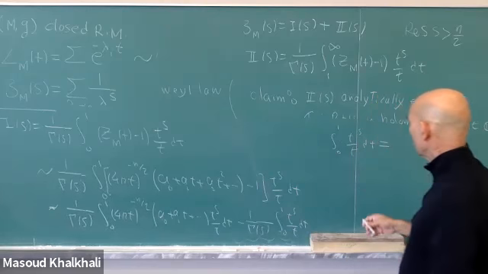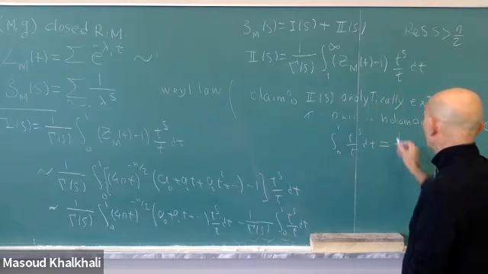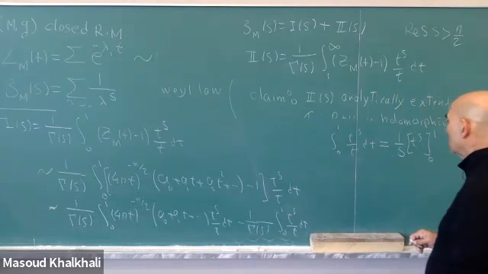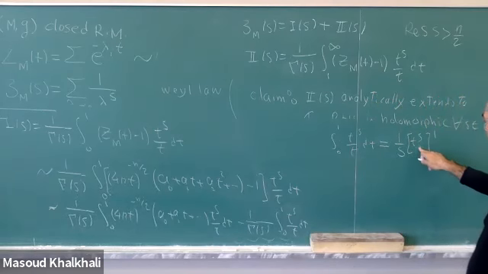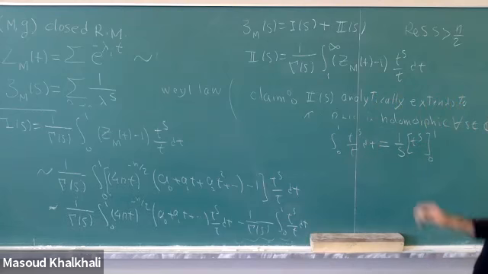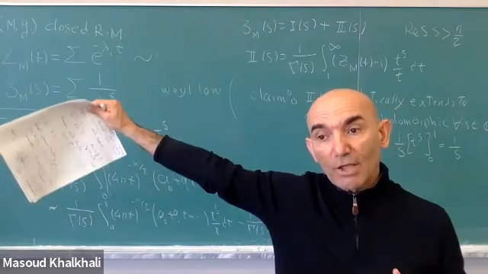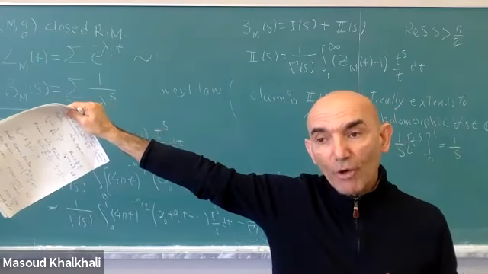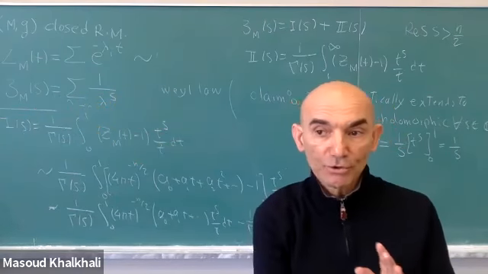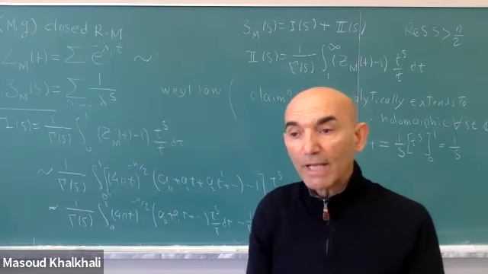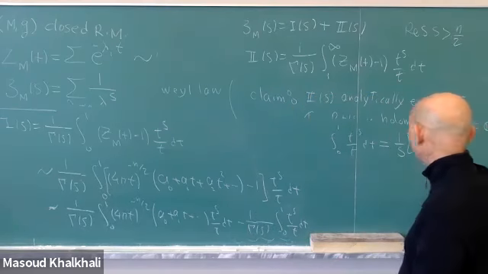If you integrate t to the s over t, you're going to get t to the s over s, from 0 to 1, which is equal to 1 over s. So if you compute it on the right-hand side, far away, you're going to have 1 over s. So this function has analytic continuation to the whole complex plane, except at s equal to 0.